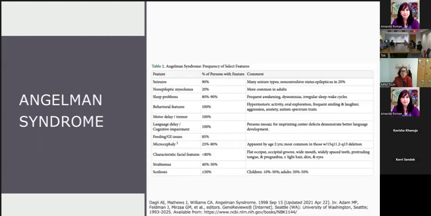Management is focused around the manifestations, with the most frequent manifestations listed above. So again, we can see seizures, sleep problems, behavioral features, including excitability, frequent smiling, laughter, aggression, anxiety, motor delay, speech delay, and you can also have feeding and GI issues.